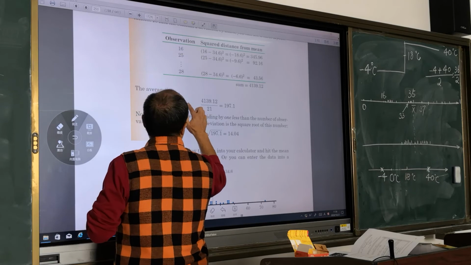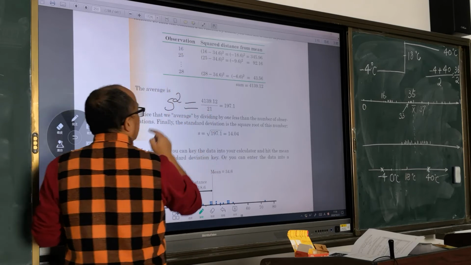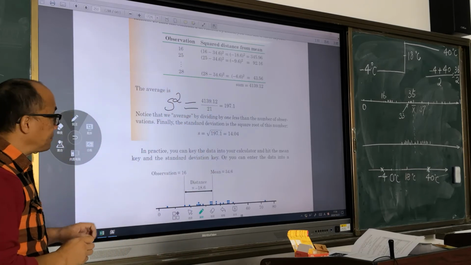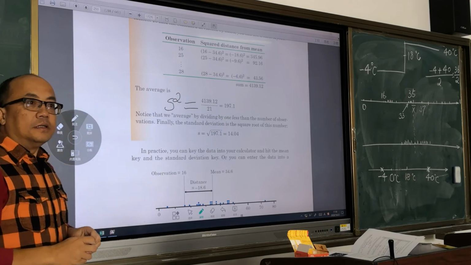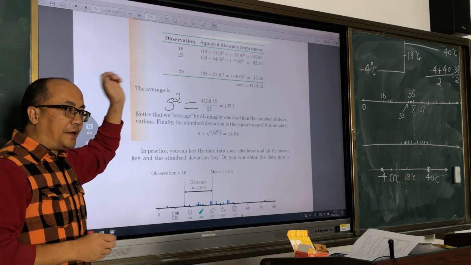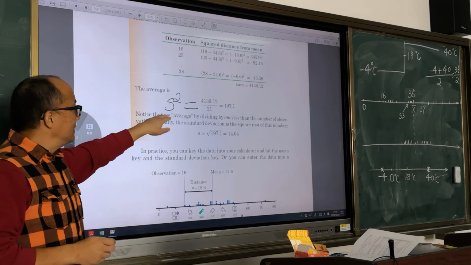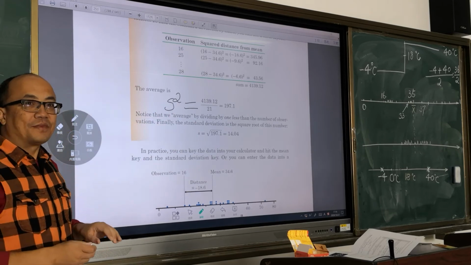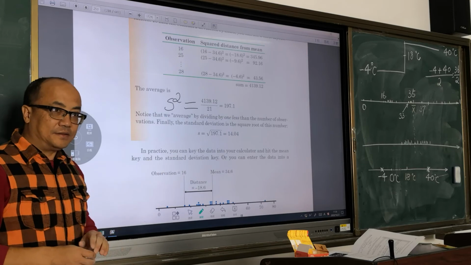The symbol is s squared. This means the sample variance.